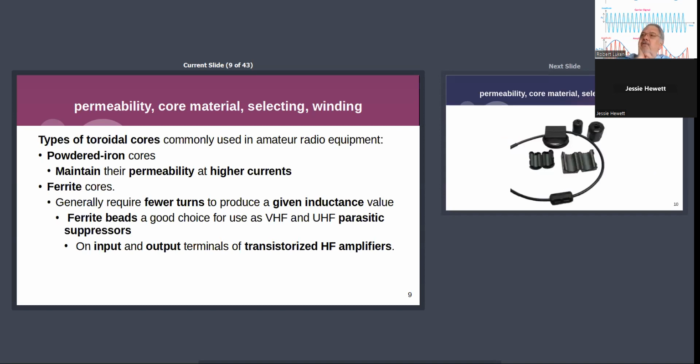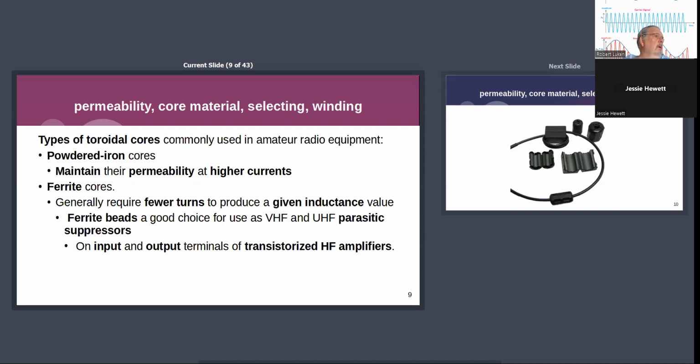There's essentially 2 kinds of cores. Well, actually 3, but in this part, we're only talking about powdered iron versus ferrite. Powdered iron doesn't have the same permeability. In other words, you can't get as much inductance, but it'll operate at much higher currents.